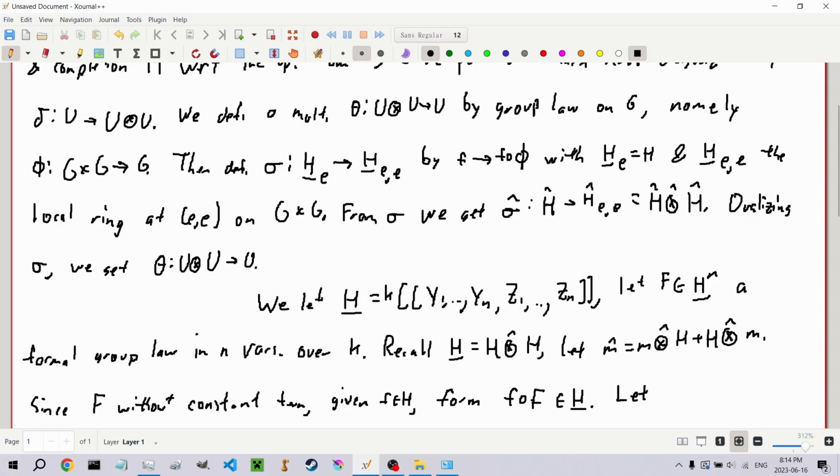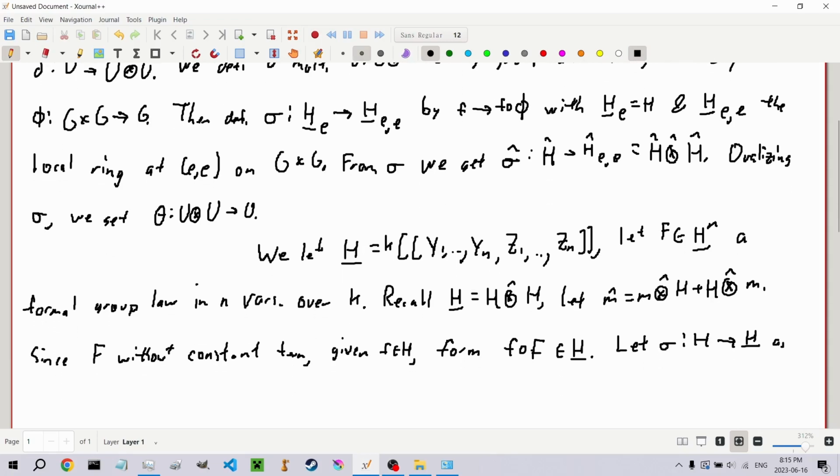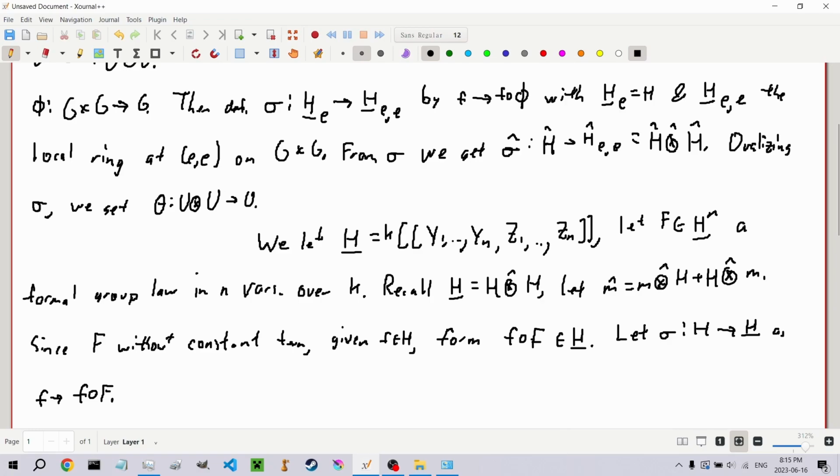We then let sigma denote the map from H to H underline sending F to F on our group law, with sigma of M being in M hat.